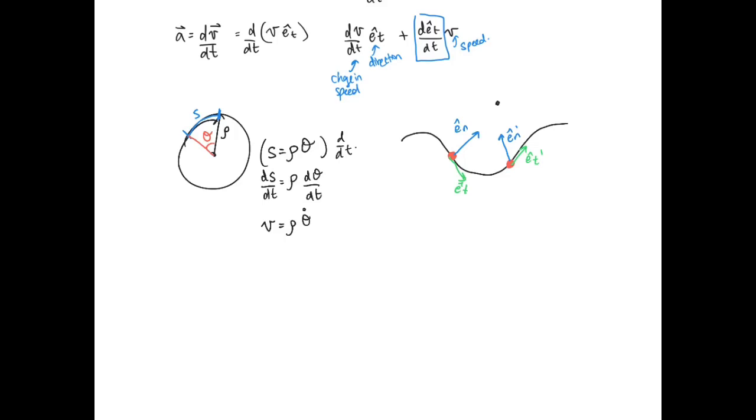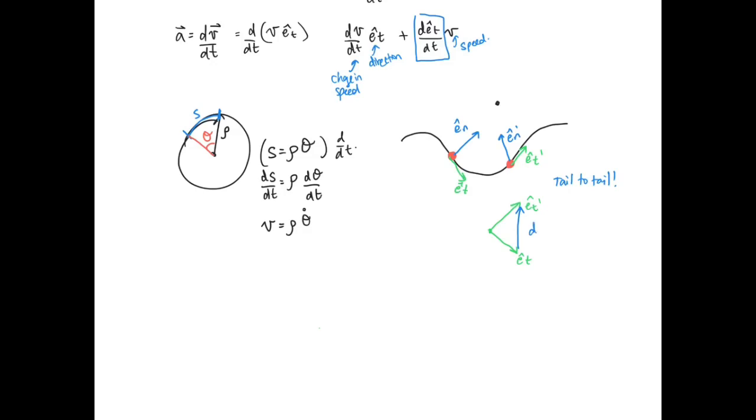So if we redraw just the ET vectors, the unit vectors, and we put them tail to tip, our ET vector is in this direction. This is our ET. And our ET prime is here. Now our DET will be the vector that connects them.